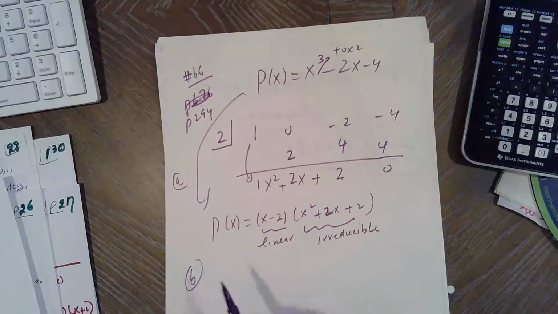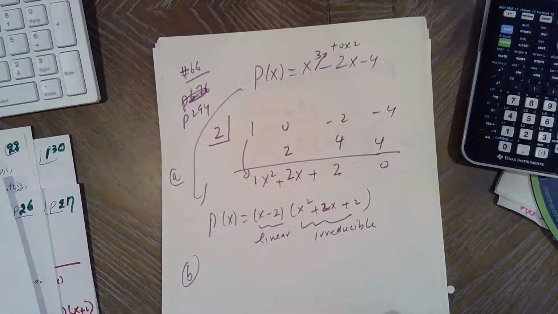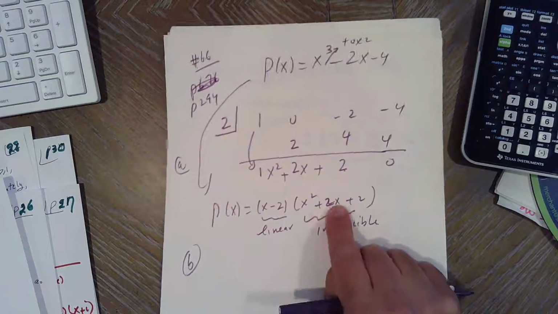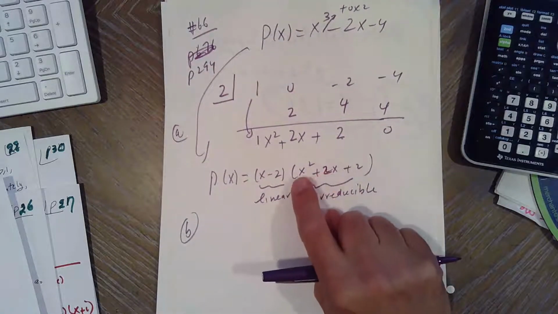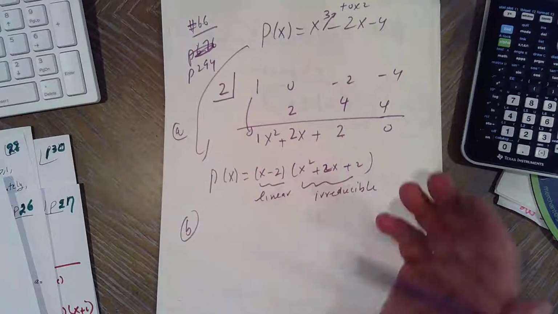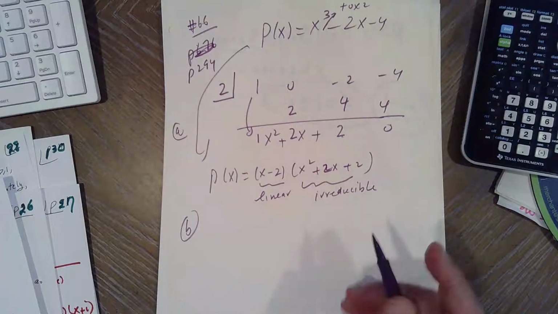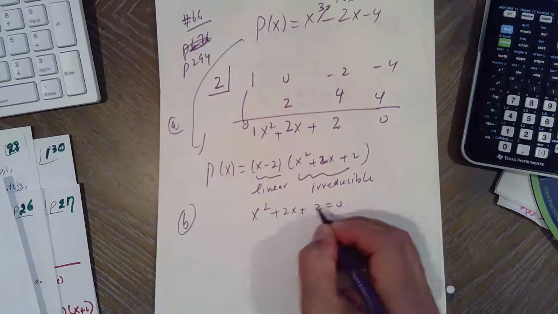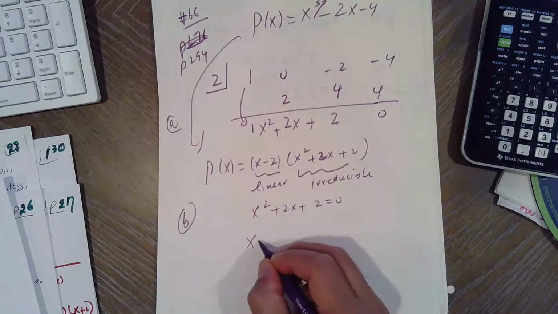Now part B, it says completely factor into linear factors with complex coefficients. So they don't want any quadratic, they want all linear. In order to do this, we're going to use the quadratic formula. x squared plus 2x plus 2 is 0. We're going to find those imaginary solutions.